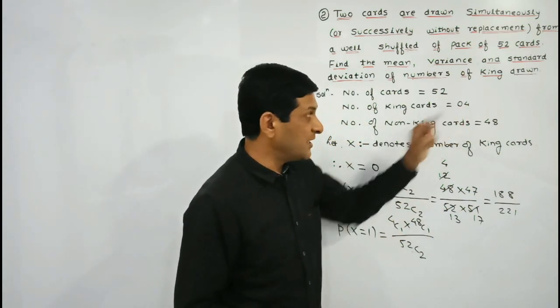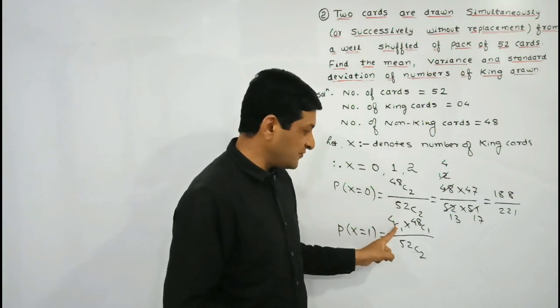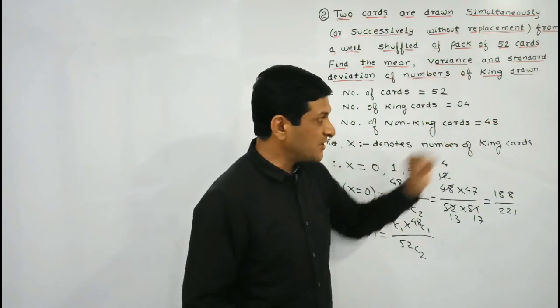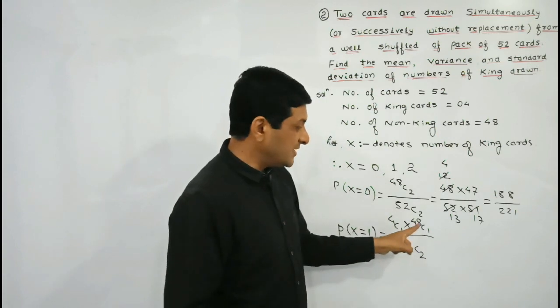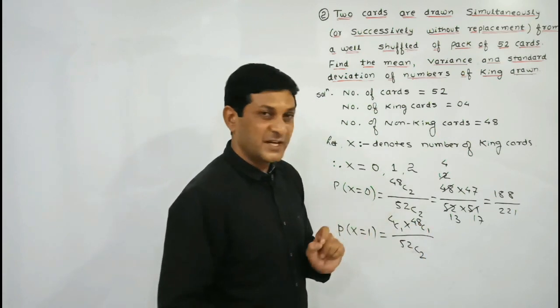So from these 4 king cards, one king card can be drawn in 4 C1 ways, and from these 48 non king cards, one non-king card can be drawn in 48 C1 ways.